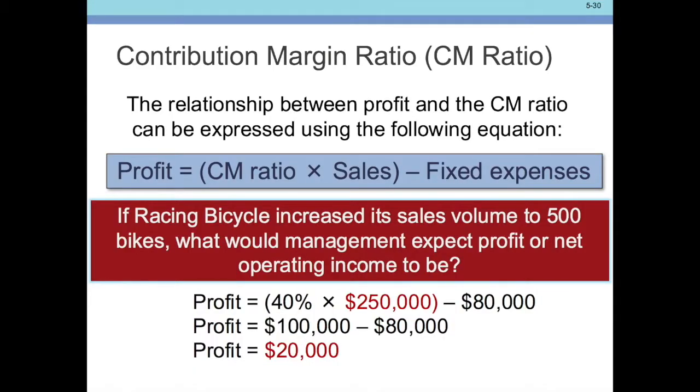If we go past that, we could do it in this other way, where if Racing Bicycle increased its sales volume to 500 bikes, what would the management expect its operating profit to be? Well, we could simply substitute in all the numbers in the equation. For example, profit equals 40%, that's the contribution margin ratio, times sales of $250,000, minus our fixed expenses of $80,000.